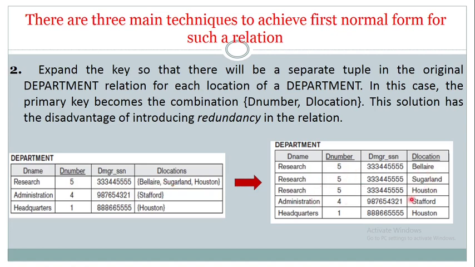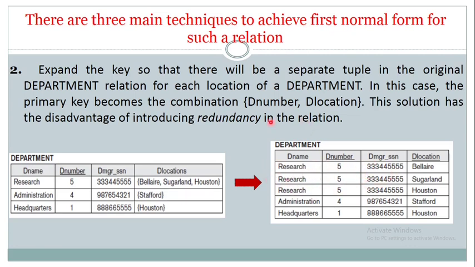But this solution has the disadvantage of introducing redundancy in the relation, because there are duplicate values. Here it is only 5 rows, but if the data consists of 10 lakhs or 500 lakhs of rows, this will create a huge problem. So this is a redundancy.